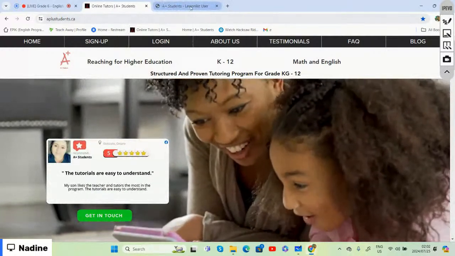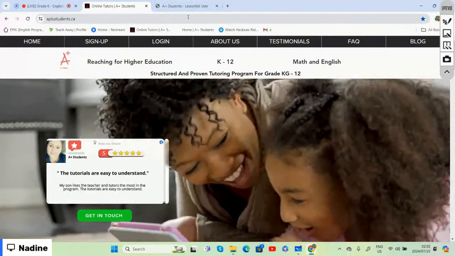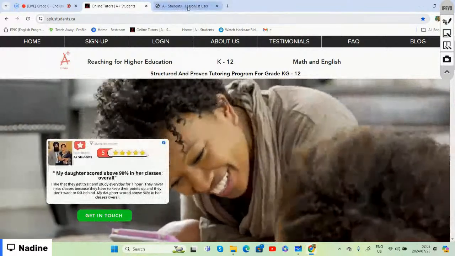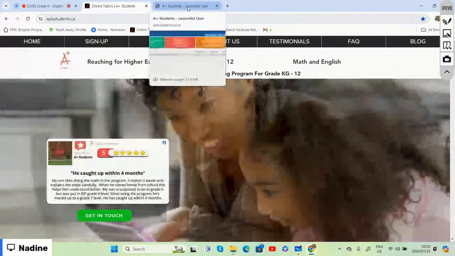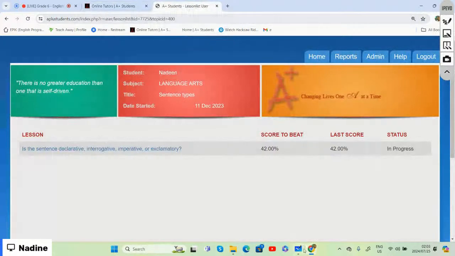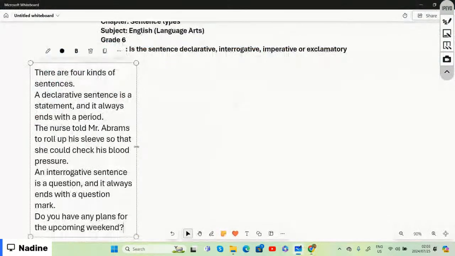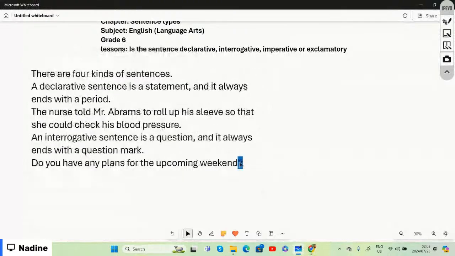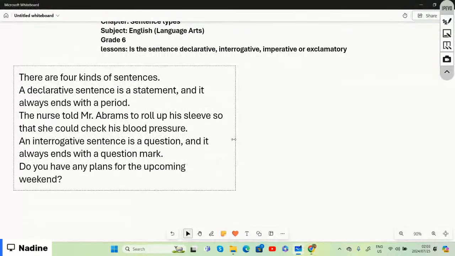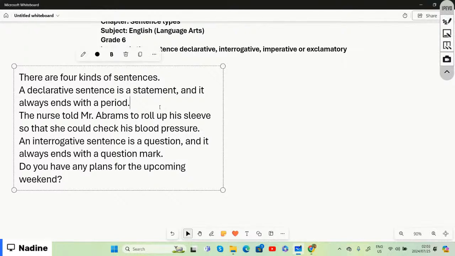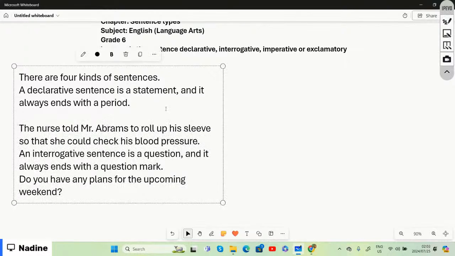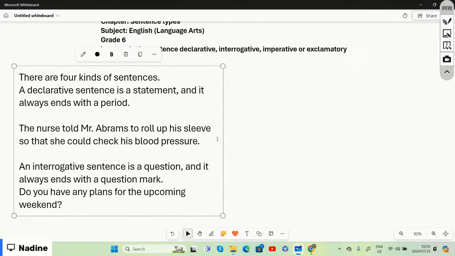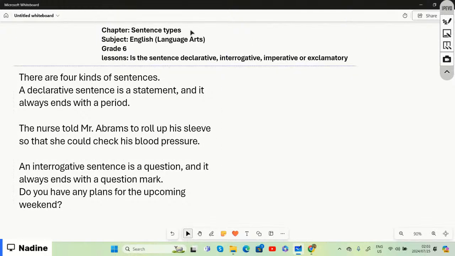So we are doing the grade 6 lesson, and our subject is English language arts.